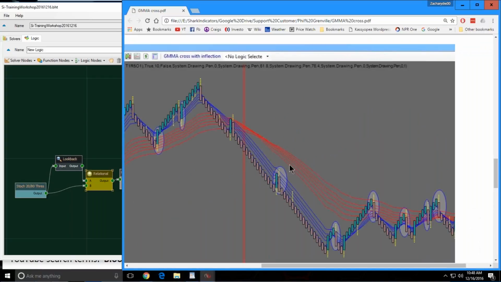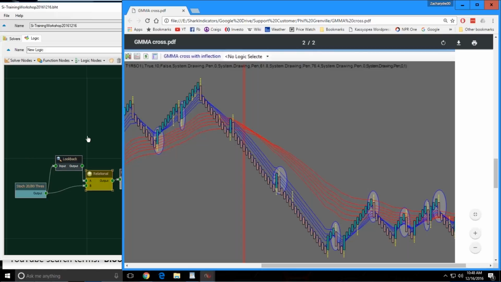And the opposite is true for this situation over here. The GMMA indicator has crossed down, which has been identified by the red racing stripe, and now we're looking for whenever price crosses below the lowest blue plot of the GMMA indicator.